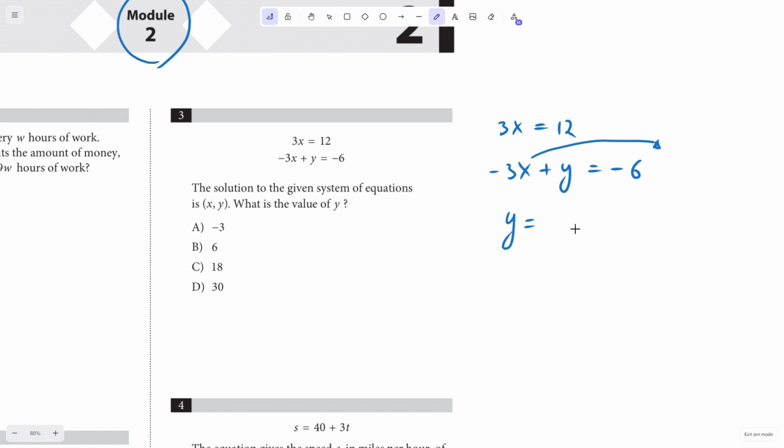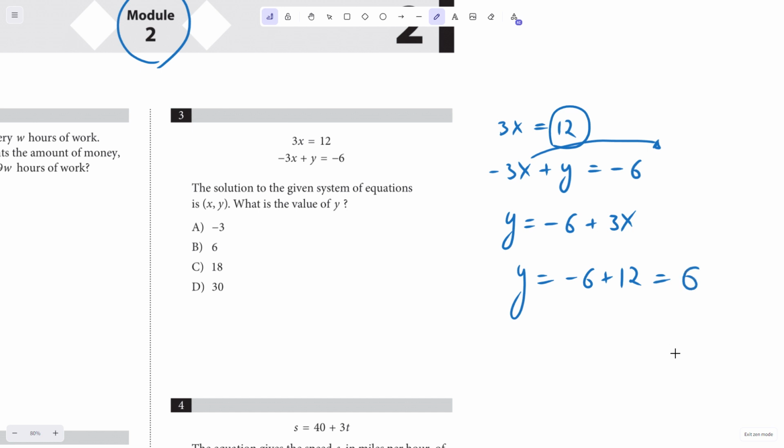So we have y equal to minus 6 plus 3x. And since in this problem we know the value of 3x, we can use substitution to solve it. So y will equal the value of 3x minus 6. So we have minus 6 plus 12, which is equal to 6.